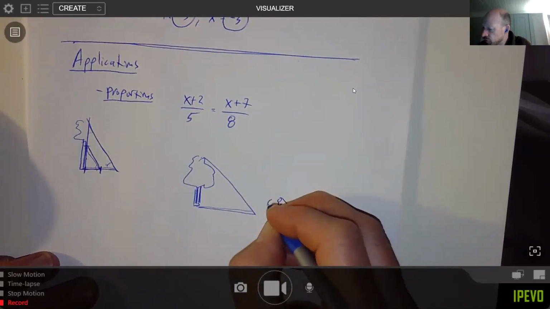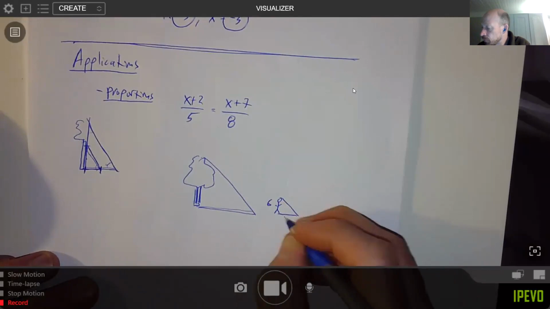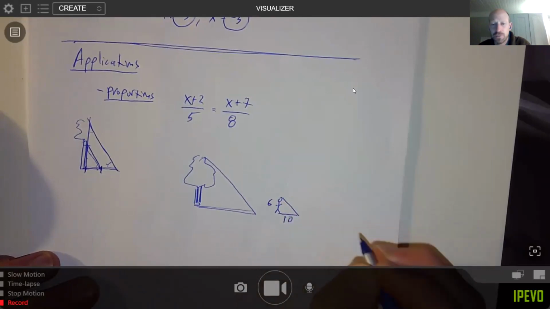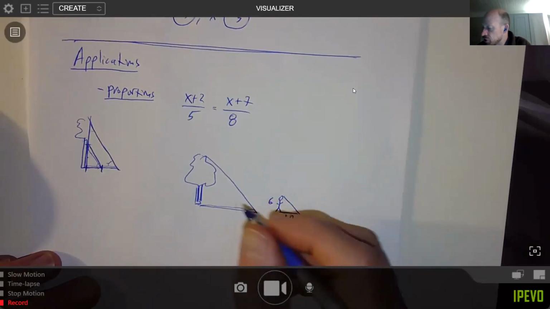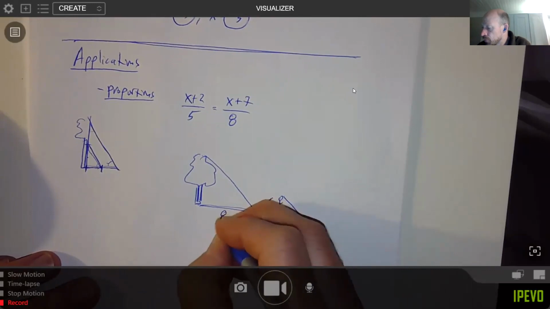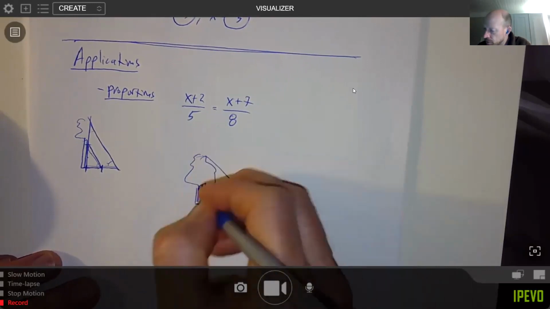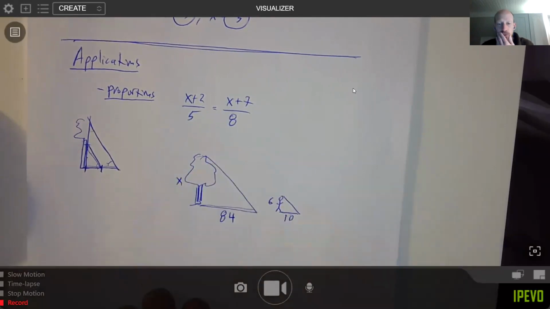So if your person is 6 foot tall and the shadow is, it's in the afternoon, let's say, so the shadow is 10 feet, and you measure the tree's shadow here at 84 feet, then the question is, how high is that tree?